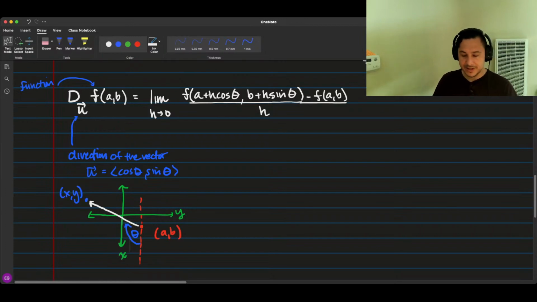So, guess what we're gonna do now? Now that we have the definition for how to find these directional derivatives, what do you think we are going to do?